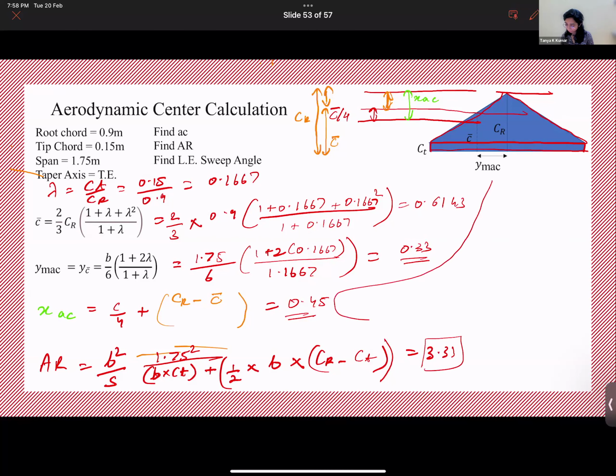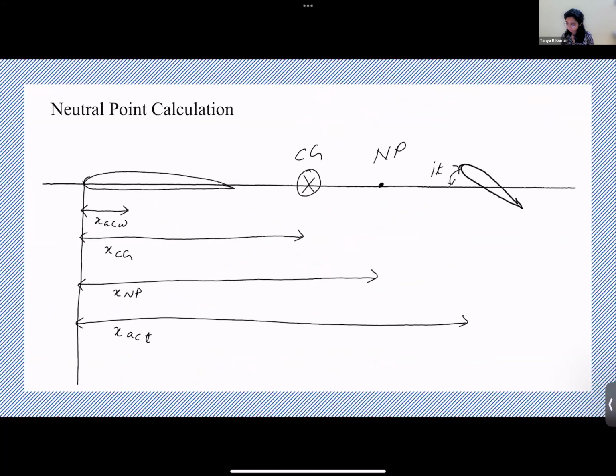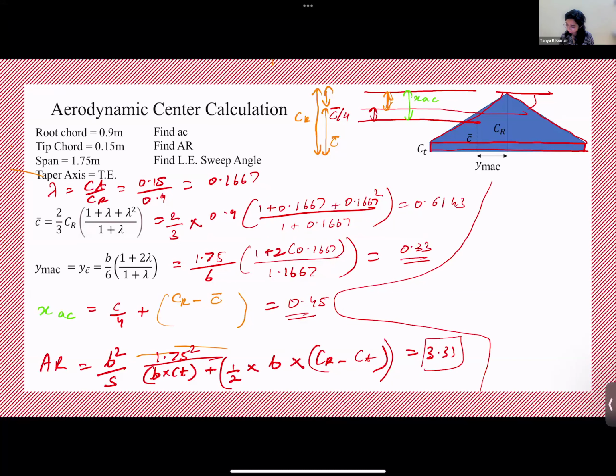Then they've asked you to find out the sweep angle. So they've asked you to find out the leading edge sweep angle, right? So how do you find out that? This is the leading edge sweep angle. So tan of that angle, tan leading edge sweep angle, what is the value? It's CR minus CT by B by 2, opposite by adjacent.